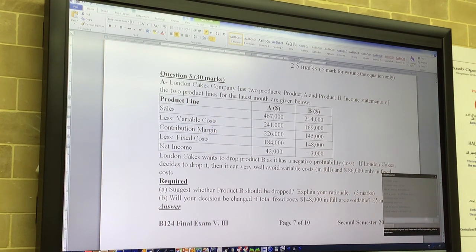So here the revenue loss is 340,000, a high revenue loss. Compare with the variable cost 169,000 and a fixed cost 148,000. كم مجموعهم؟ 317,000.